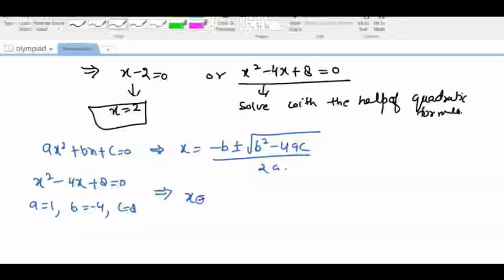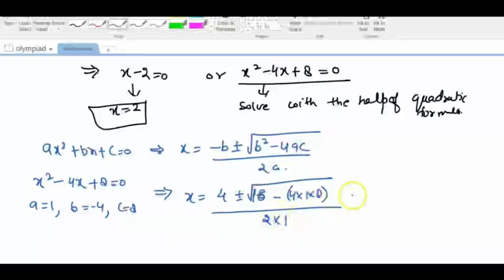Thus, our x would be 4 plus minus b square. So this is minus 4 square, so 16. So I have already explained this very method in part 1. If you have any confusion, you can check that also. Minus 4ac. So 4 into 1 into 8 divided by 2a.